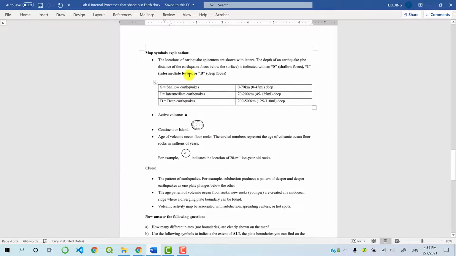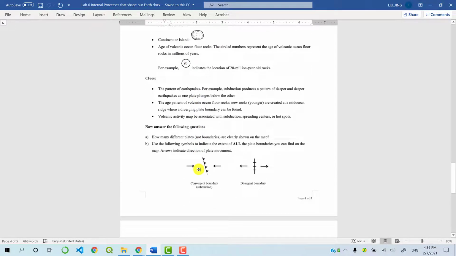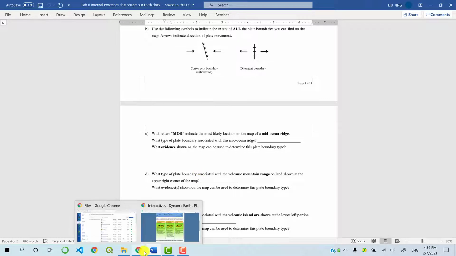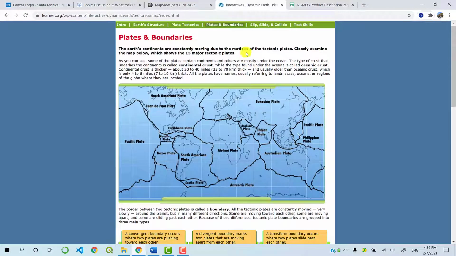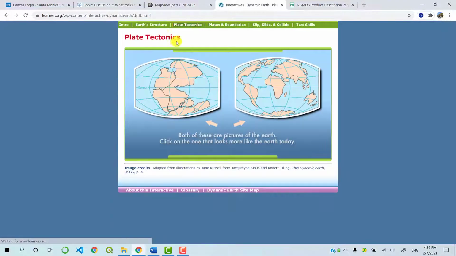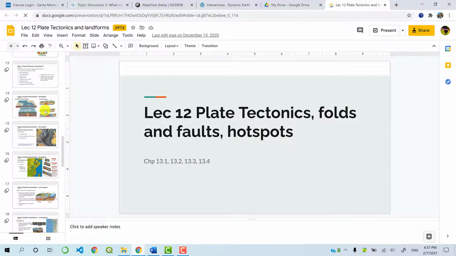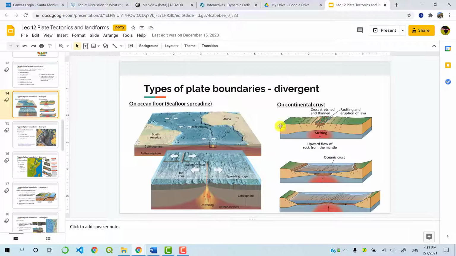The key is to understand those symbols and to use the landscapes associated with each boundary. So you have the divergent boundary, and this is the movement of a divergent boundary.